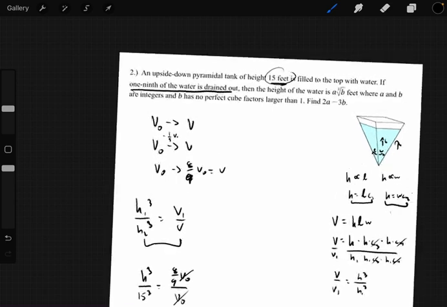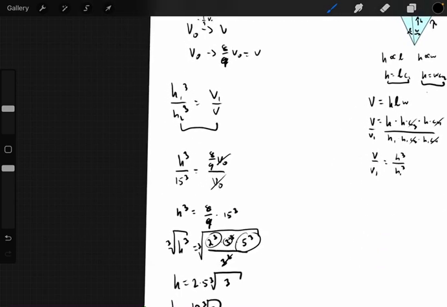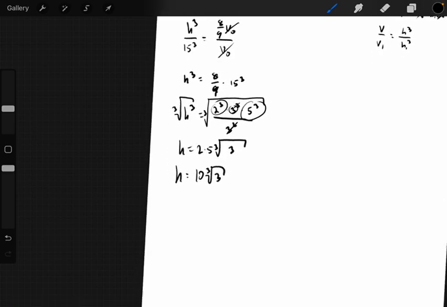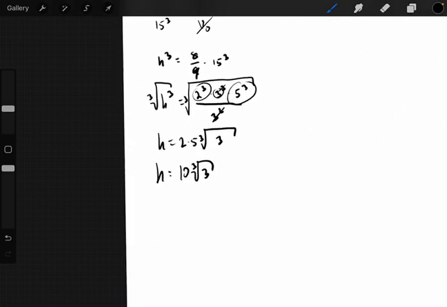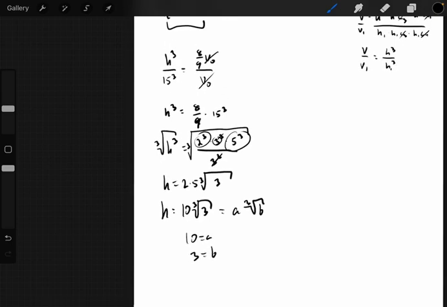Now what did it want? It wanted the height of the water as a cube root b, which means that this is equal to a cube root b, showing that 10 equals a and 3 equals b.